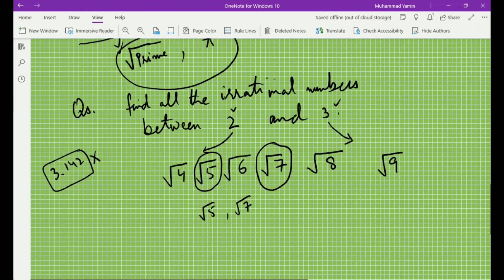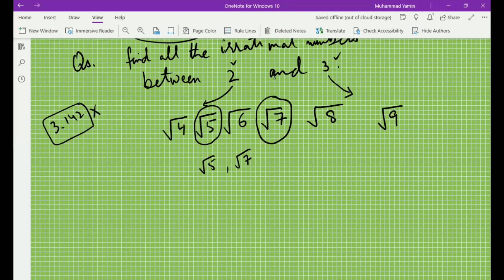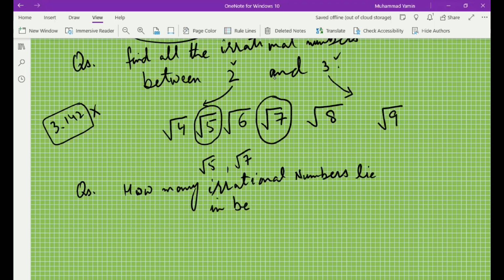Again, they can ask a question in this way also. How many irrational numbers lie in between 3 and 4?